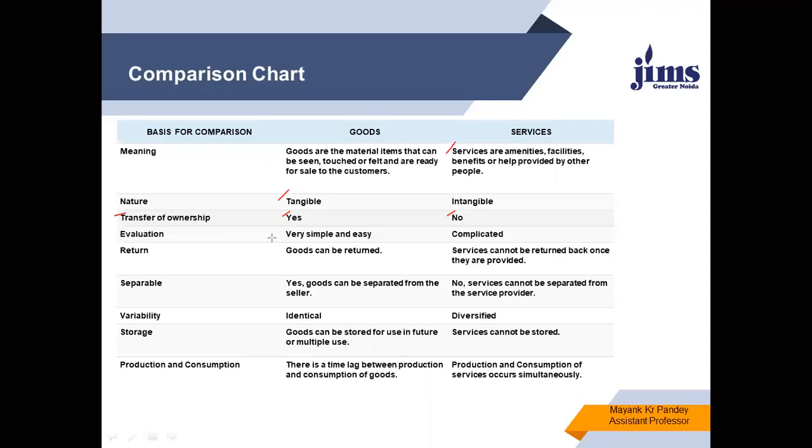While in the case of services, we have nothing to look at, nothing to touch, nothing physically exists. So evaluating a service or comparing two different services is very complicated. That is why it is mentioned that one is very easy and simple, while in the case of services, it is very complicated.